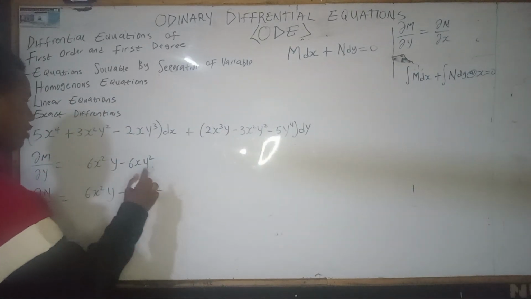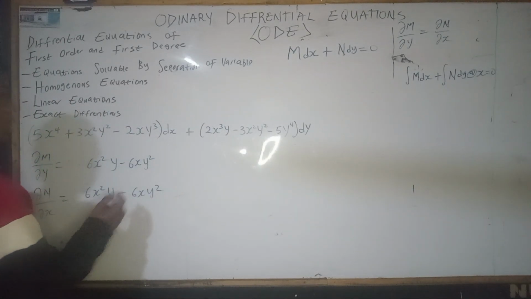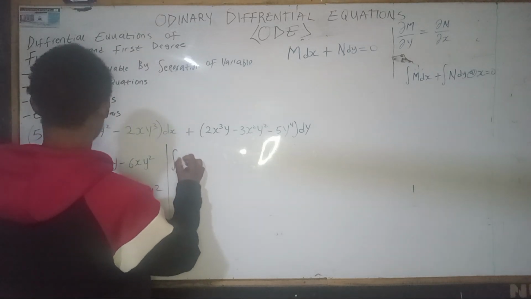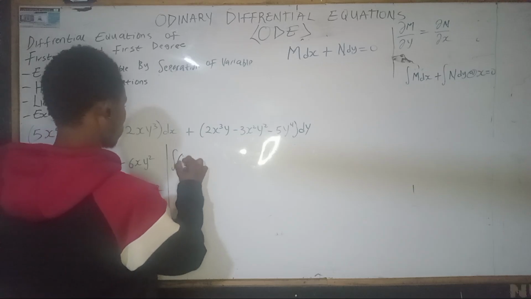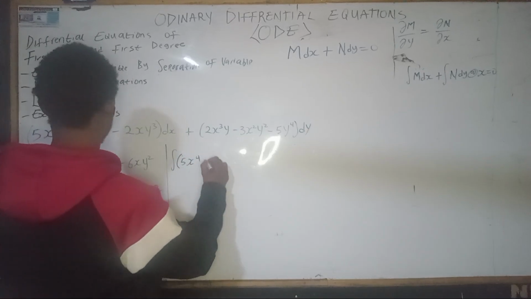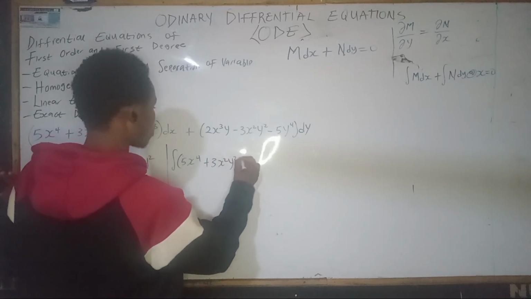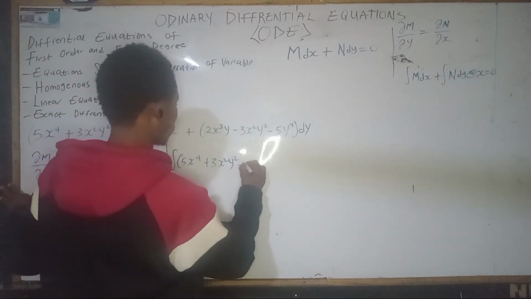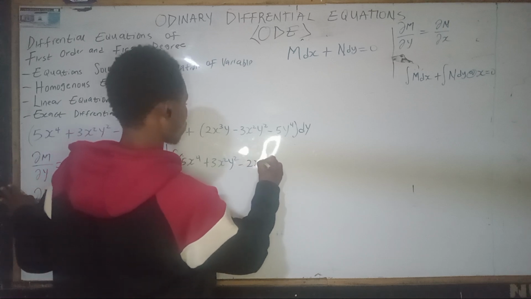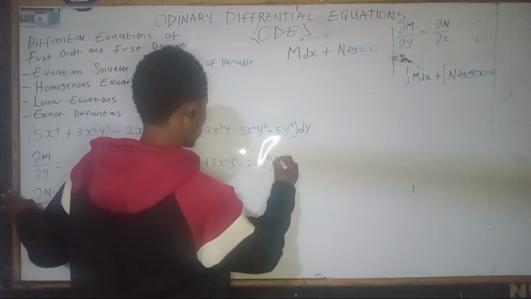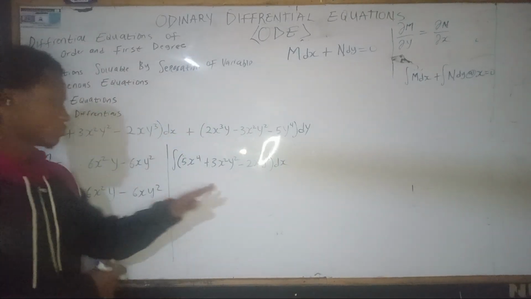So now, in order to solve this, we put our integral sign. We integrate 5x raised to power 4 plus 3x squared y squared minus 2xy cubed dx. So now that is for this.